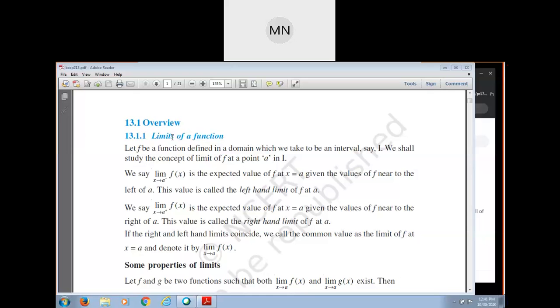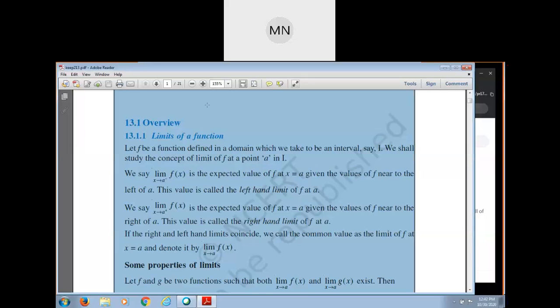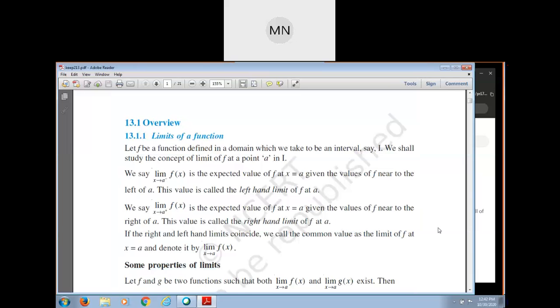Now see, I have already told you that x approaches 2, and suppose we choose 2 on the number line. We divided the number line into two parts.